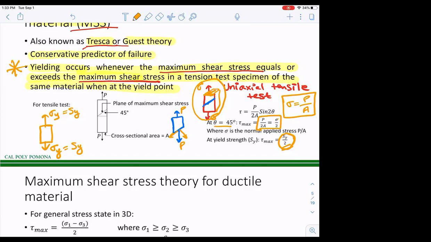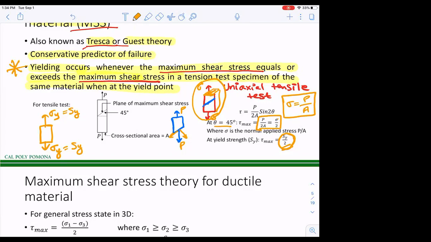Yeah, definitely. But in your analysis, you have to follow a failure theory, right? So this is the theory. You're going to do stress analysis and see whether anywhere in the structure the stress exceeds half the yield strength or not.